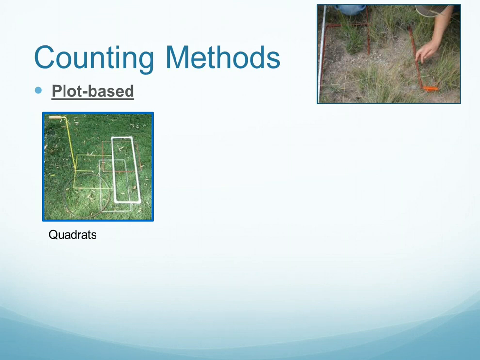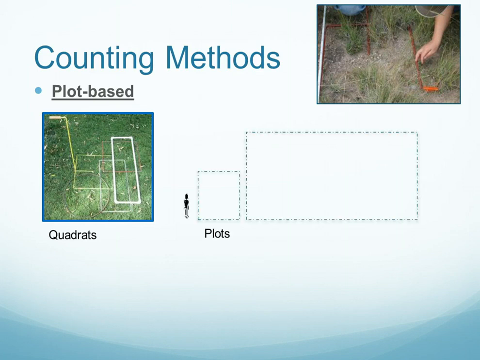If we need to use a plot that is larger than, say, 1 meter squared or 1.5 meters squared, then we will just use plots that we establish in the field using transect tapes, usually staking the corners of the plots, and then sometimes leaving the transect tapes in place to help us delineate the boundary of the plot.